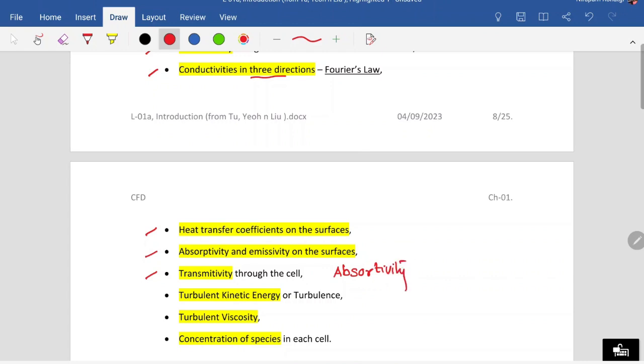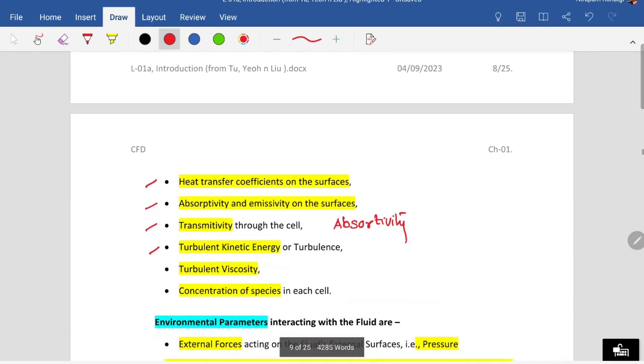Then turbulent kinetic energy. How much disturbance is there in the fluid? We should know that. With that, another term comes in, turbulent viscosity. When the fluid is in a churning state, there is a viscosity which comes into play, called turbulent viscosity, which converts that chaotic motion into heat.